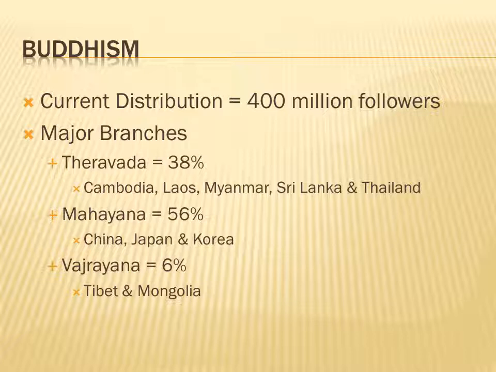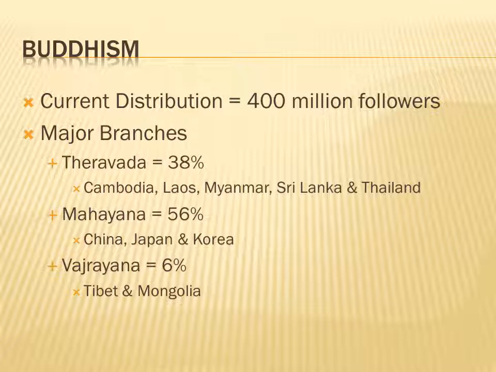And then the final branch, Vajrayana, sometimes called, or I've seen it in the past, Tantrayana, is more associated with, or I've also seen it as Tibetan Buddhism. Now we're getting into some areas where there's some discrepancy.